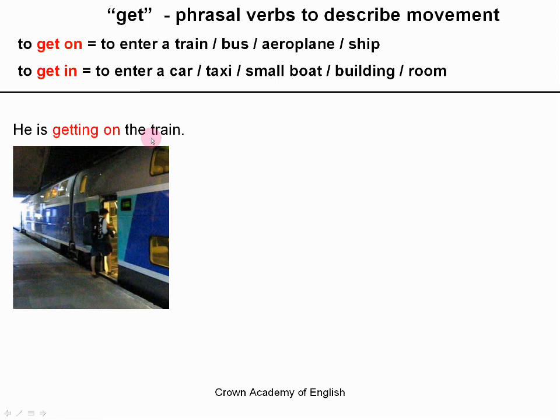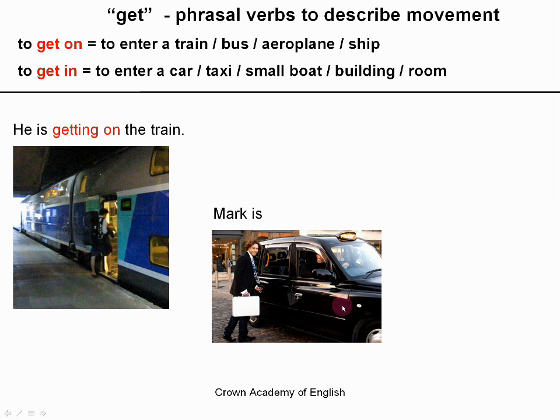He is getting on the train. Mark is getting in the taxi. Okay, so since it is a taxi, we say getting in. Okay, we do not say getting on a taxi.